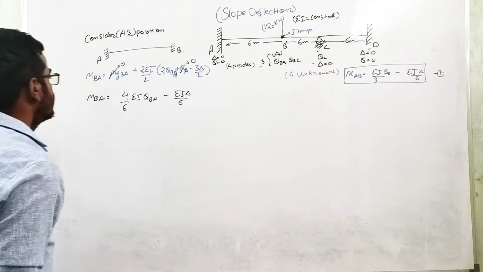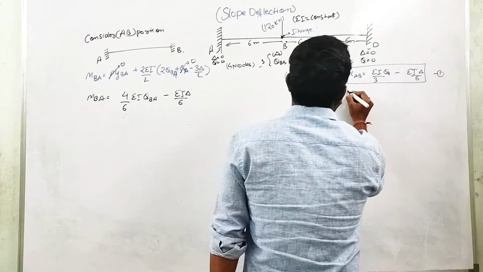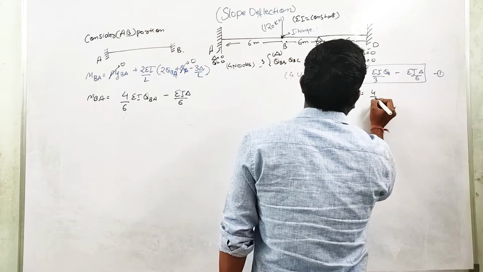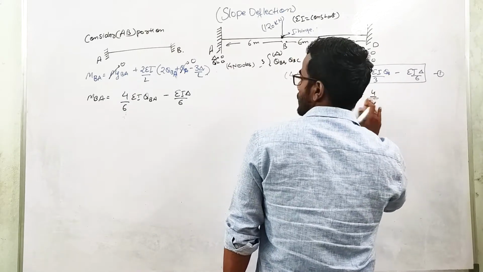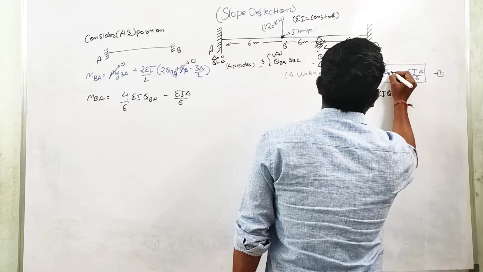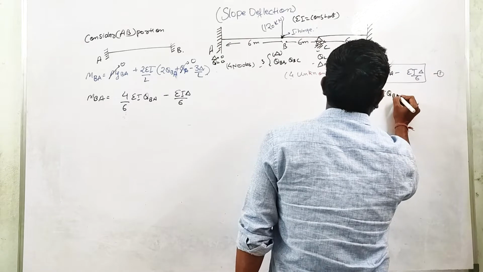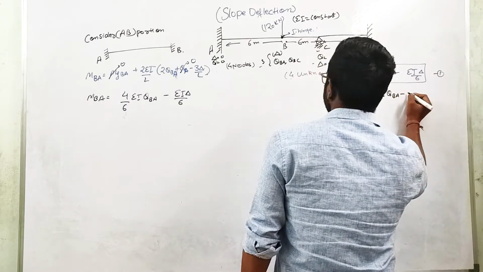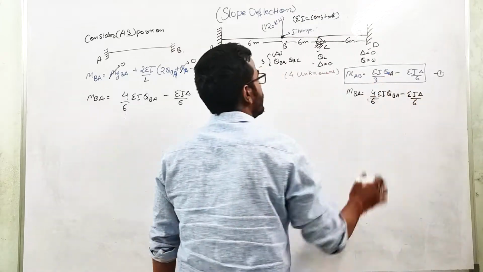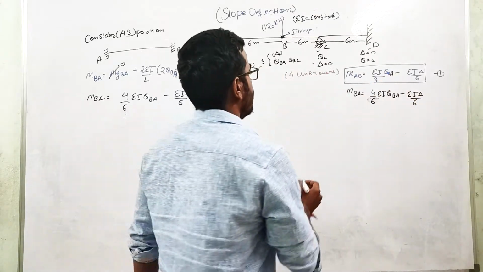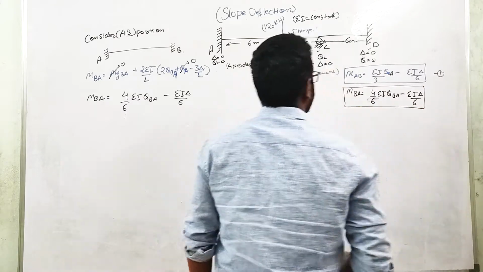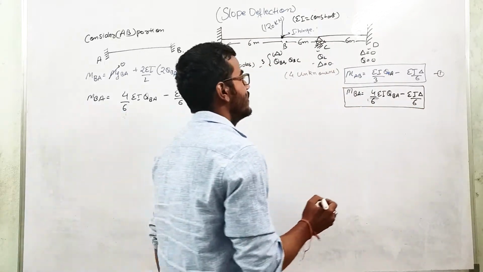So this is our second equation. So I can write MBA equals 4 by 6 EI theta BA minus EI delta over 6. In the first equation also it will be theta BA. Okay, so this is the second equation which we are getting.